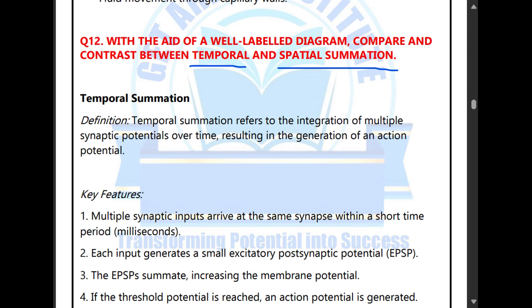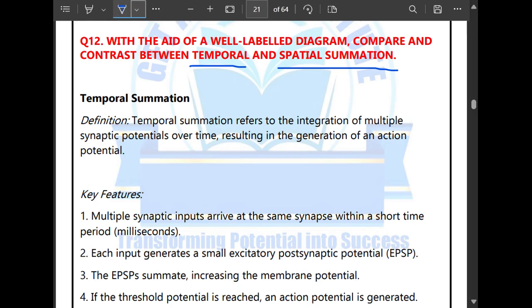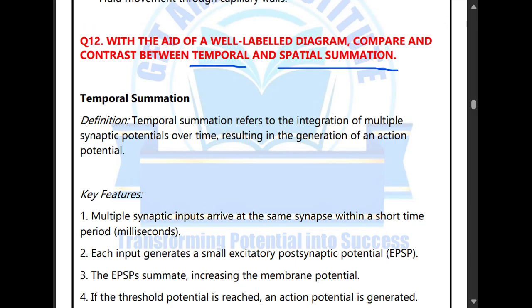You learned this, right? We covered this when we were doing membrane potentials. We did learn about temporal and spatial summations.